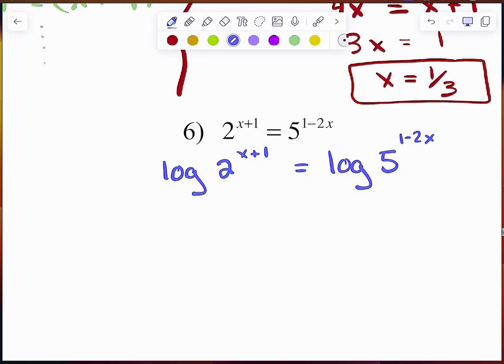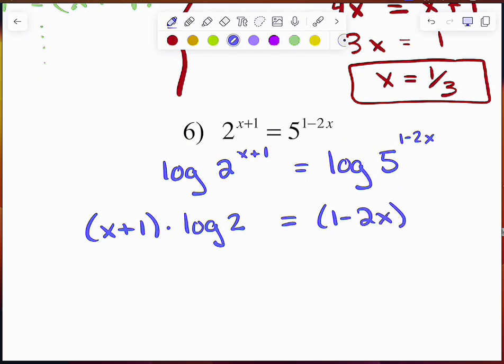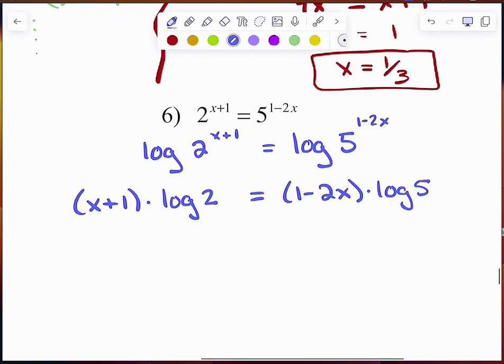Now I can get the exponent out by expanding, using the properties we had, to pull the exponent off in front. X plus 1 times log of 2 equals 1 minus 2x times log of 5. I'm sorry, log base 10 of 2, and log base 10 of 5.